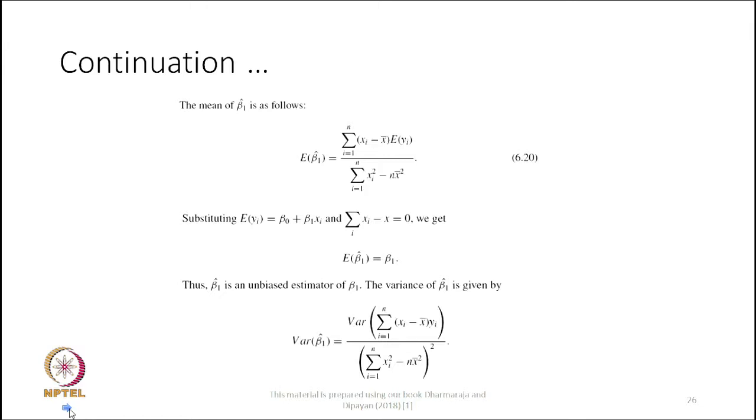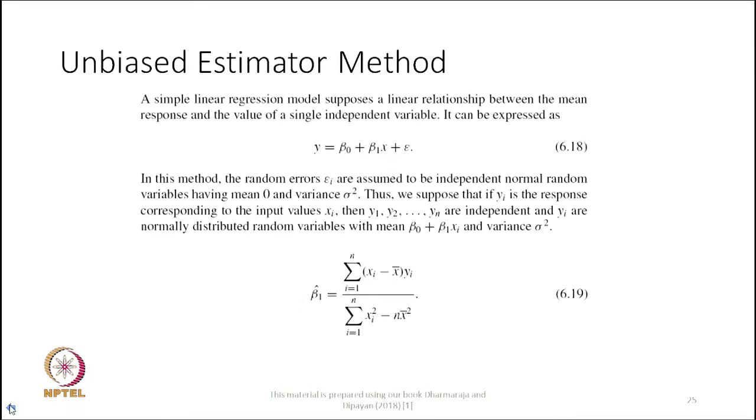It is possible to find the mean of the estimate of beta 1. The way I have given the expression in the earlier slide, you have beta 1 cap. This is also an estimator, also a statistic, and you can find the expectation of this estimator.